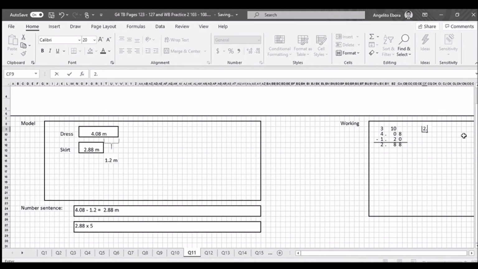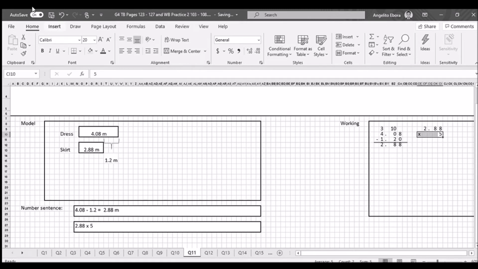So 2.88 times 5. So 8 times 5 is 40. Regroup. 40. 8 times 5, 40 plus 4, 44. Regroup.